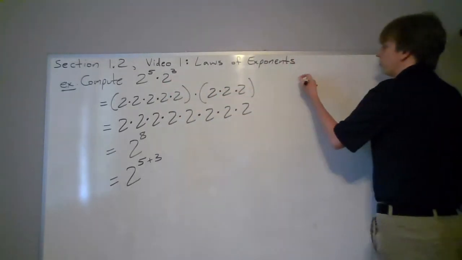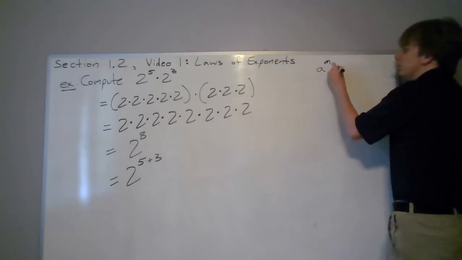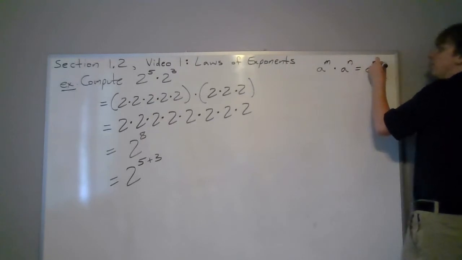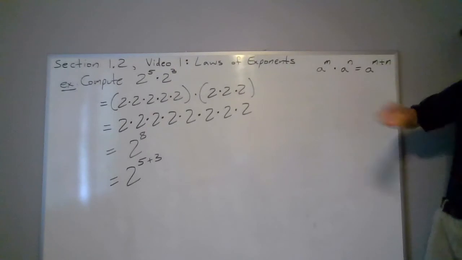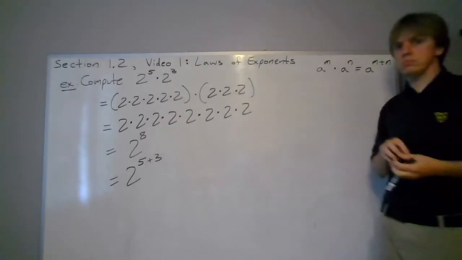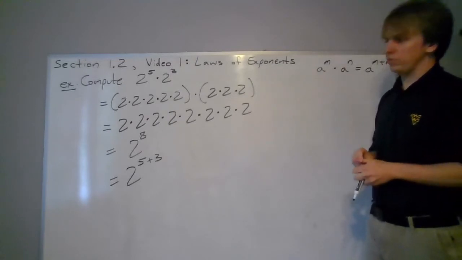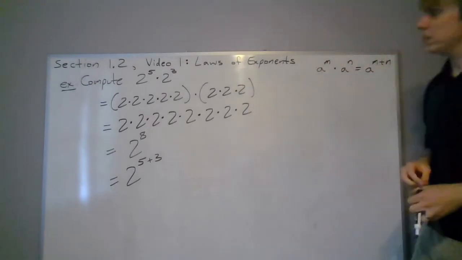So our first rule that we're going to write down is if we have an exponent times another exponent with the same base, we're going to add their powers. In this case, 2 to the 8th power would be some other number. Let's see, that'd be 256, I believe. I don't really care about that.